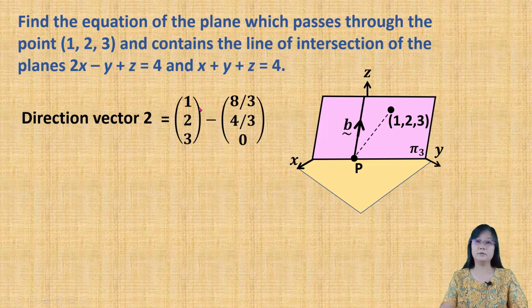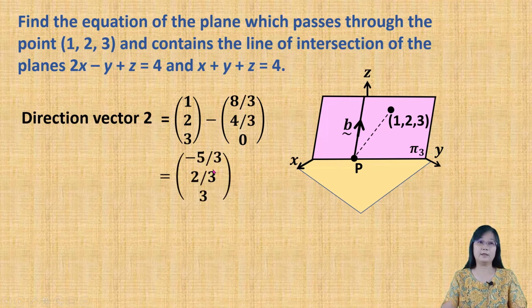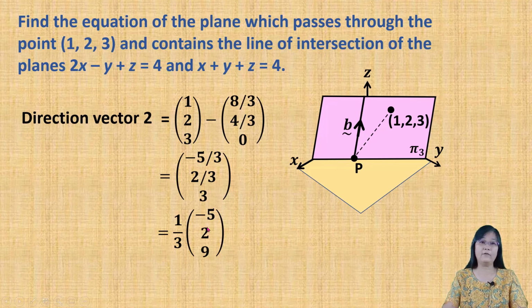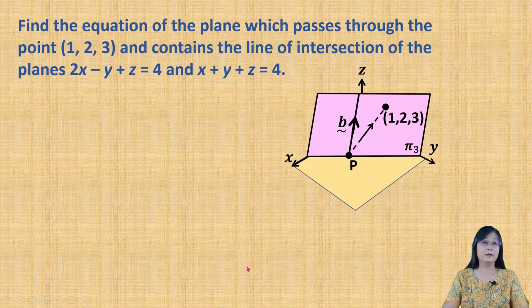That is, I use one of the position vectors minus the second position vector, then I'll get the second direction vector. Here I am going to factorize the 1 over 3 so that the direction vector is in integers, that is negative 5, 2, and 9.